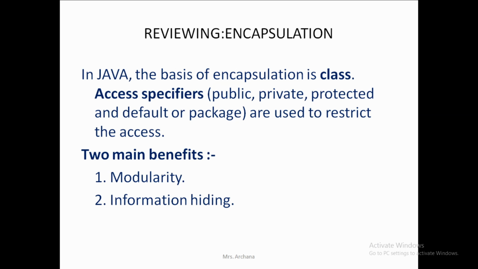Access specifiers are those which restrict the access of methods and member variables of a class. As can be seen from the slide, there can be 4 types of access specifier, that is public, private, protected, and default or package.